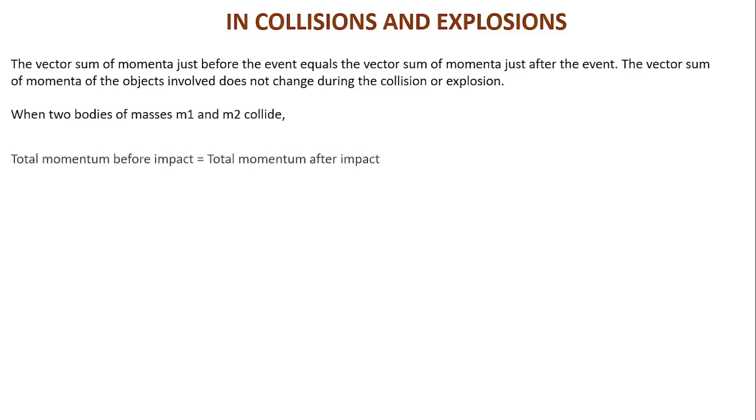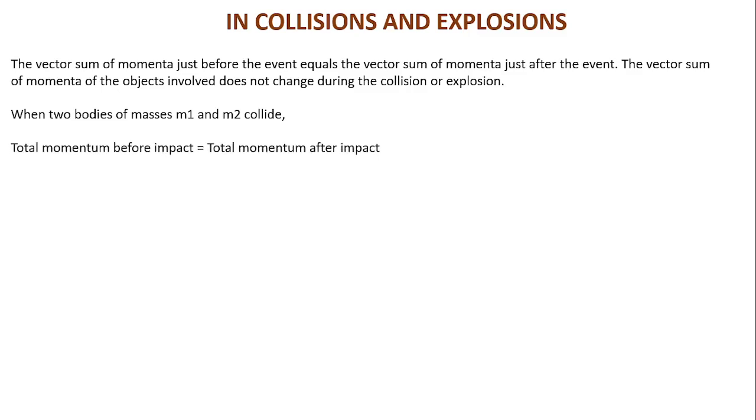The formula will be: total momentum before equals total momentum after the impact, which is m1 times u1, where m1 is the mass of the first object and u1 is the initial velocity of the first object, plus m2 times u2, which is equal to m1 times v1 plus m2 times v2.